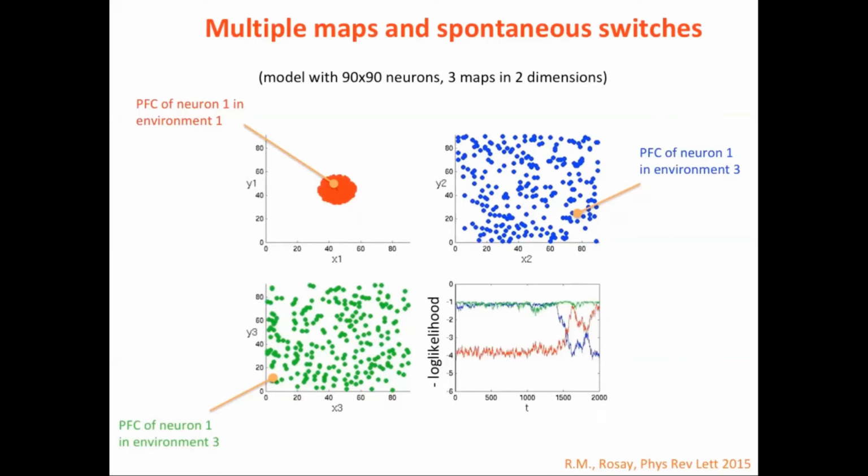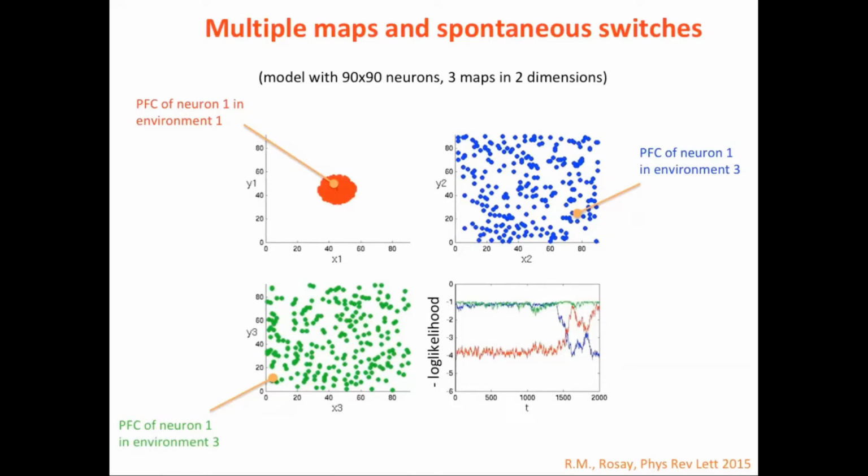I will represent this single vector of activity at any time t in 3 different ways. How do I do that? I look at this vector first in the red environment, which is environment number 1, and I put a red dot at the center of the place field of the neurons which are active, so which are equal to 1 at this particular time.